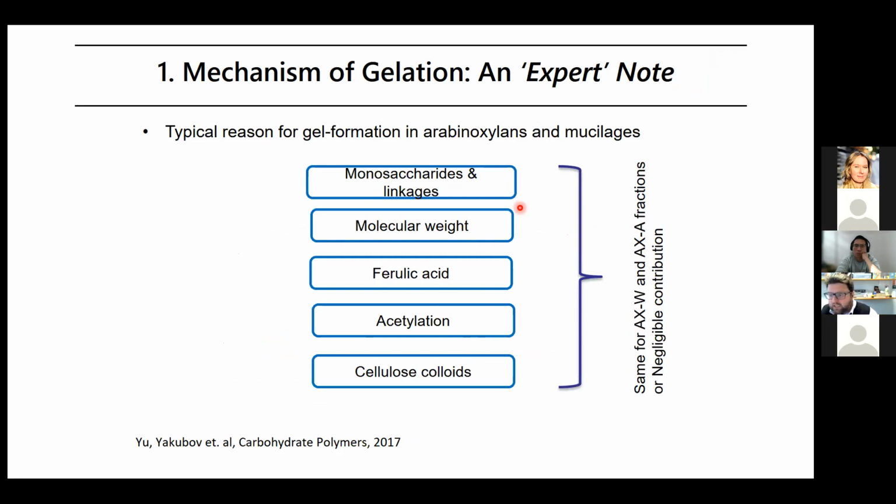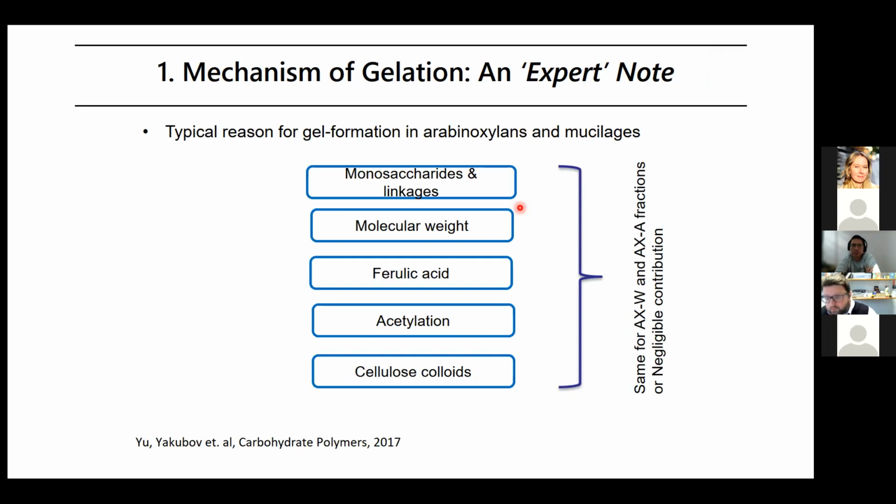Obviously, because we are in a polysaccharide network, there are a lot of other things that you can link the structure to. One is molecular weight. We already checked they have the same molecular weight. We also checked the ferulic acid content, because people were saying it could be diferulate crosslinks, and we've proven that this is not the case. People were looking at methylation and acetylation.